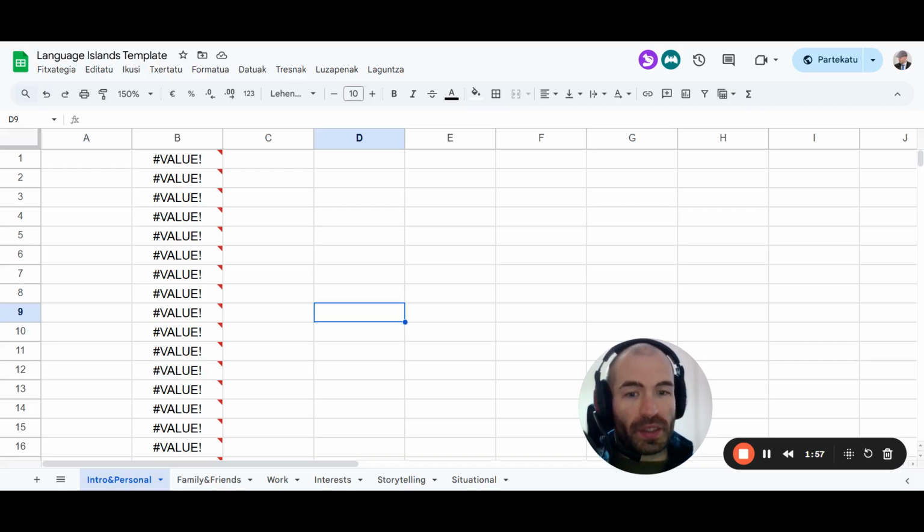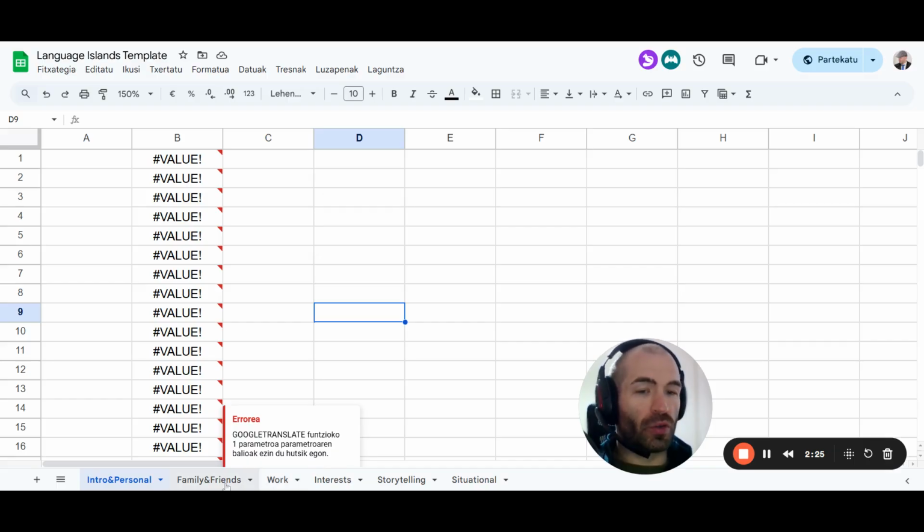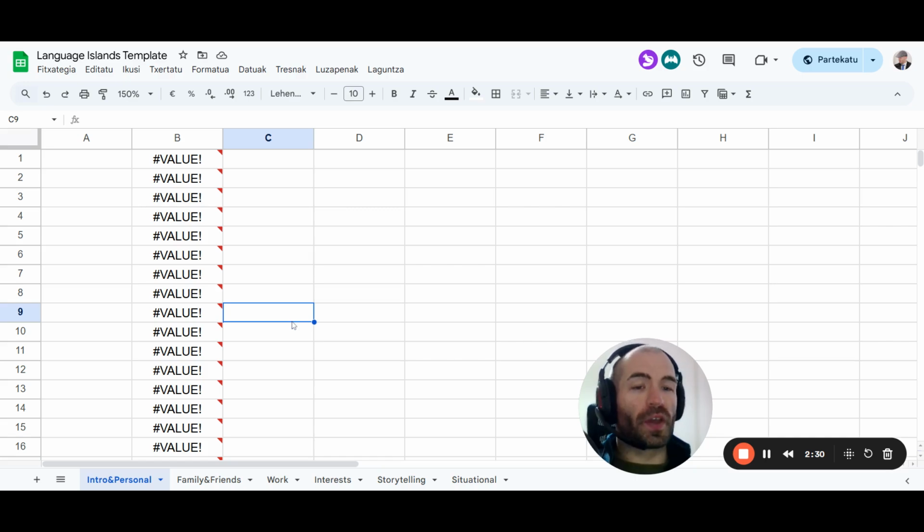So you learn sentences for meeting people, introducing yourself, personal information, where you're from, all of the basic stuff. Then talking about your family and friends, about them and also with them. Also work. In all of these categories, you should always think with these people or in this situation, and also about these people, about what you do for work, but also things you say at work.